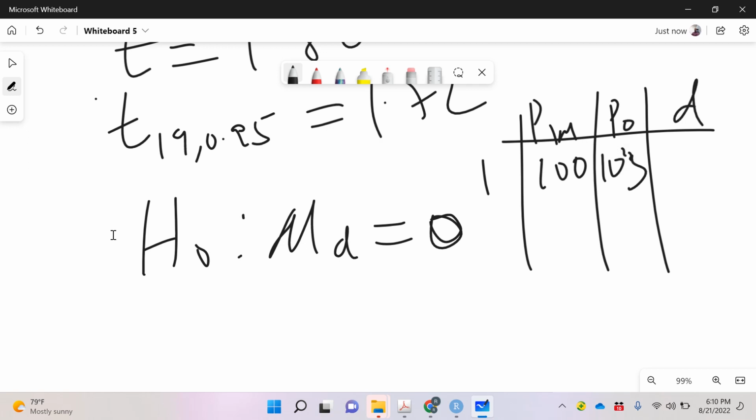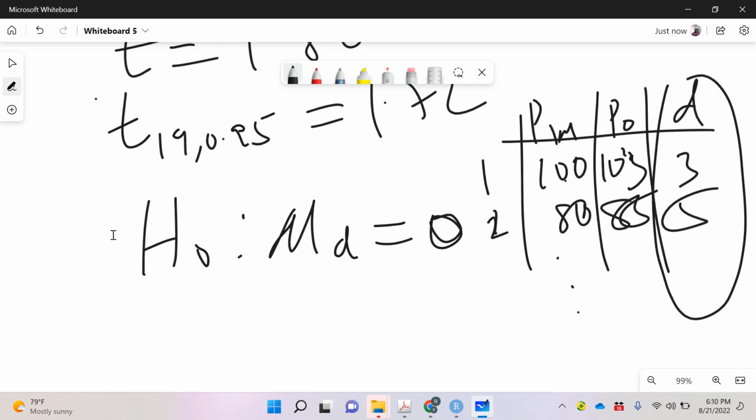So you find D. D will be the difference between this and that. So maybe 3. The next person was 80, now weighing 85, so 5, and so forth. So this is what we are going to use from our sample. If there is no change in their weight, we expect mu d to be equal to 0. The average of this should be 0.